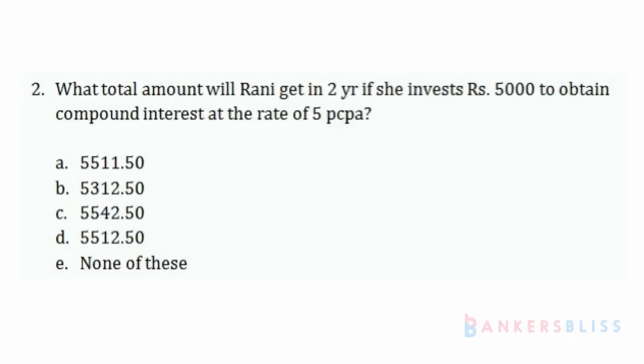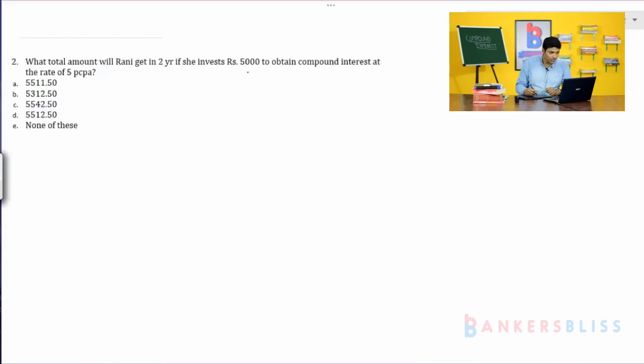5,000 is the principal amount, 2 years is the time period, 5% is the rate of interest. So on 5,000 you have to calculate 5%. 10% is 500. Already we have discussed in the concept called percentages how to calculate percentages directly by splitting.